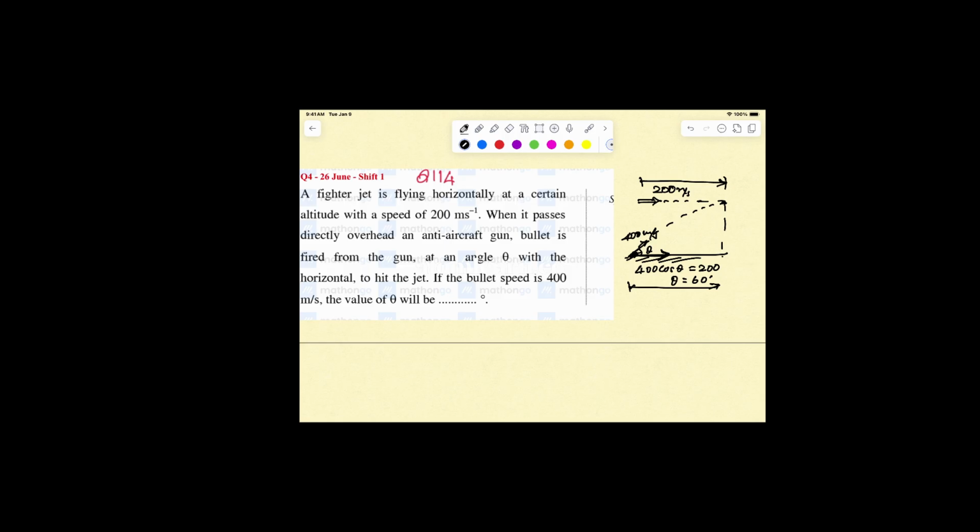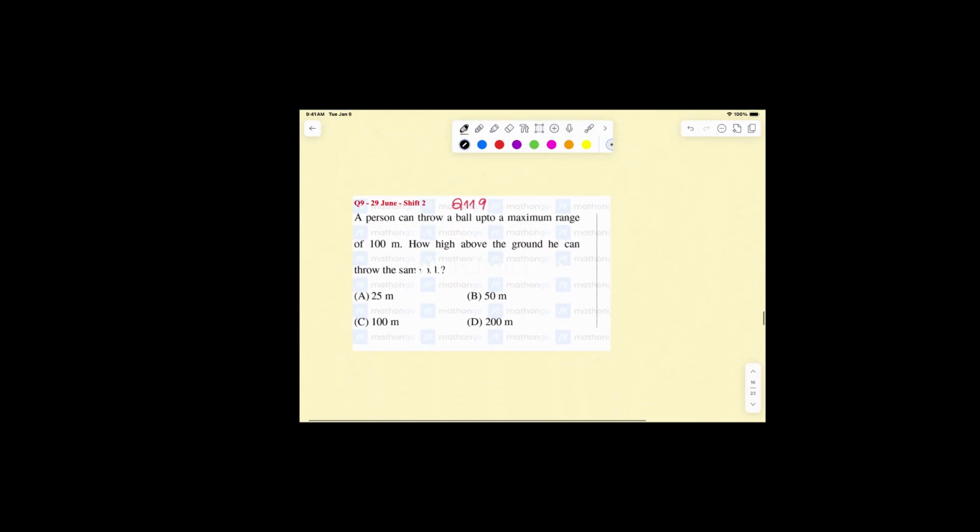It doesn't matter when it hits, as long as the two horizontal velocities match, so that they cover the same x distance within the same time. That means it should also be equal to 200 meters per second. Therefore, theta is 60 degrees. Understood how it is done? Okay, go to the next question.